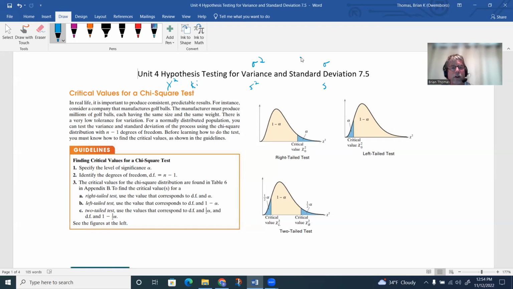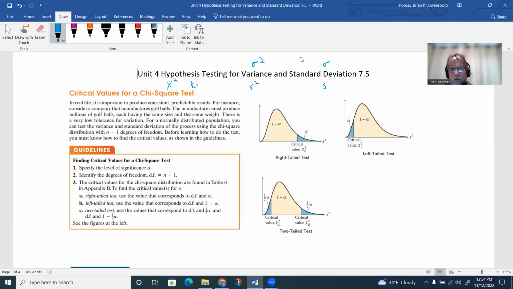Remember, critical values come from the table. We had to find z-scores for the normal distribution, and then the t-scores when we didn't know the standard deviation. And then the critical values for variance and standard deviation in hypothesis testing are going to be this chi-squared.